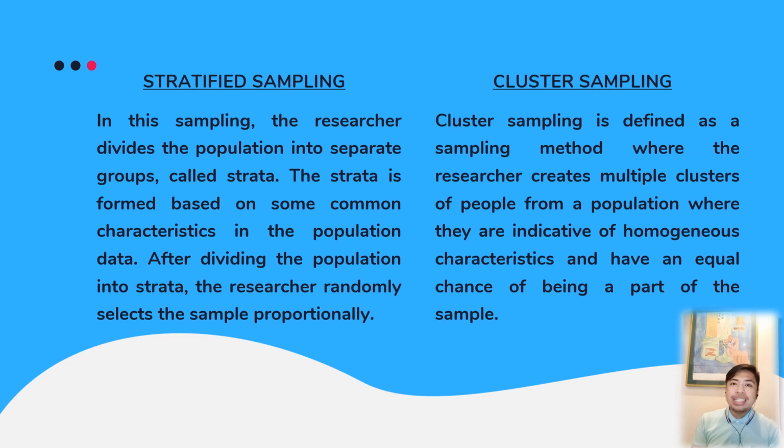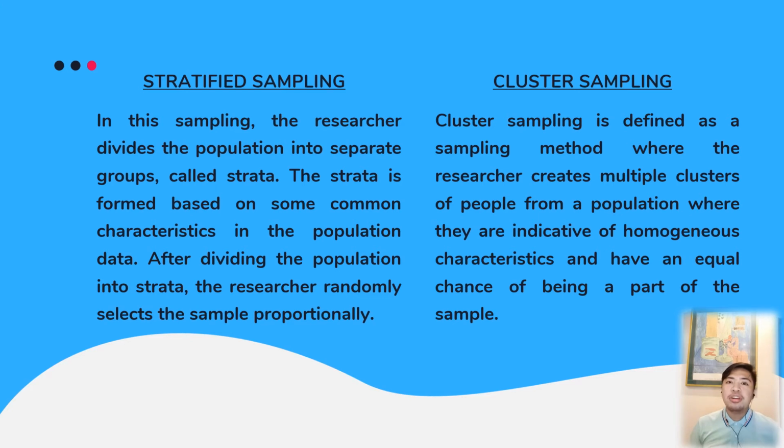Under probability sampling, we also have stratified sampling and cluster sampling. When we say stratified sampling, you as a researcher, you are the one who divides the population into separate groups called strata. For example, I will be dividing them according to age, according to gender, according to grade level.